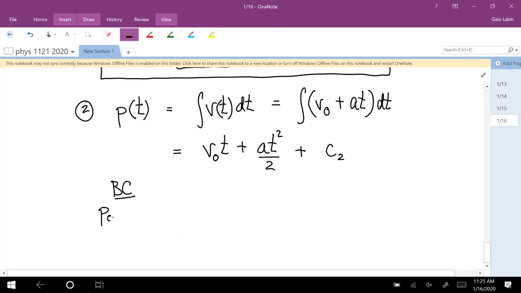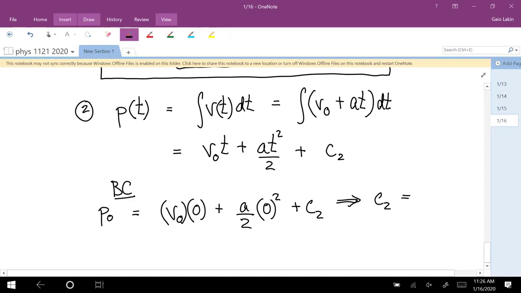So we have P0 is equal to v0 times 0 plus a over 2 times 0 squared plus C2. So C2 is equal to P0.